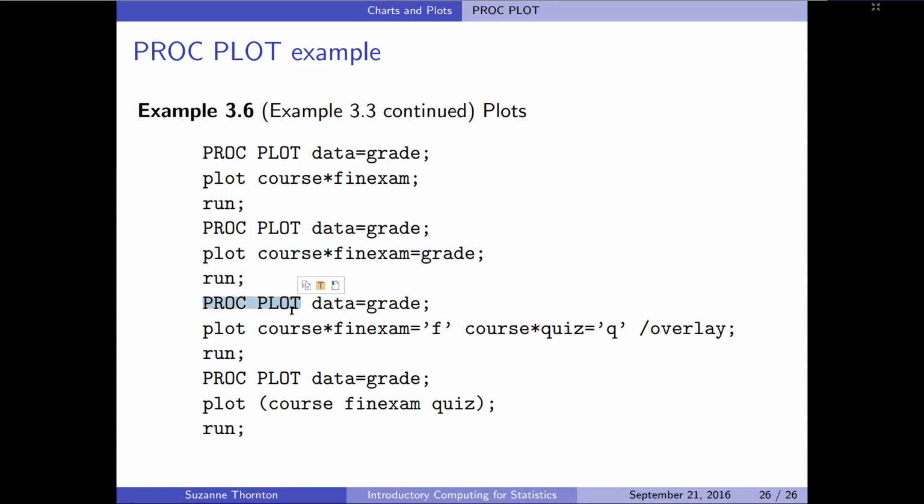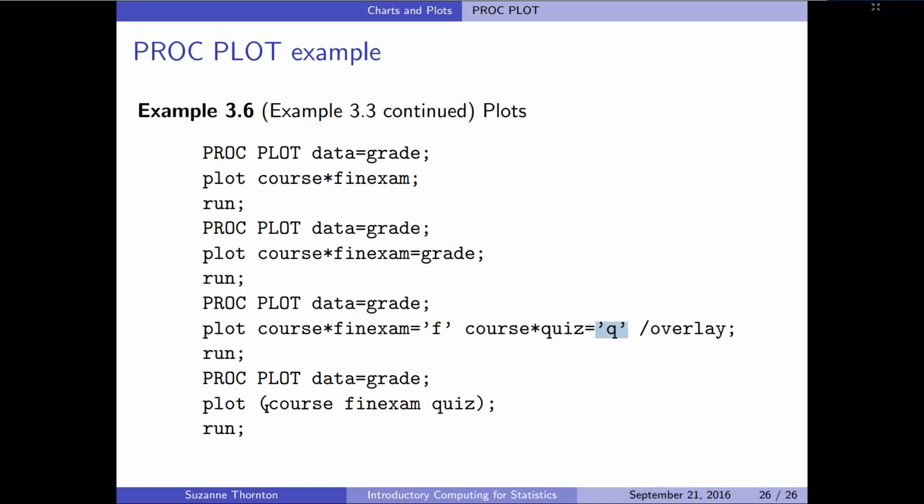For the third plot, we will give an overlay example, which will plot course against final exam and course against quiz onto the same plot. For the first one, it will be marked by an F. For the second one, it will be marked by a Q.